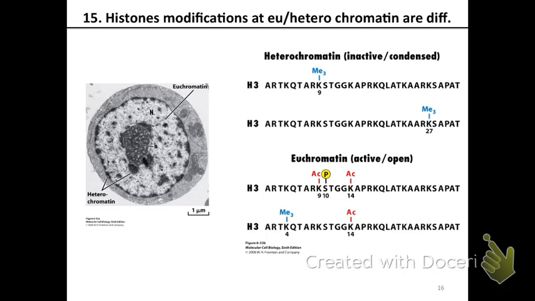All right, let's just give you in general what different types of modifications do. There is a whole list of different modifications on histone tails, and every one of them seems to have a specialized function.